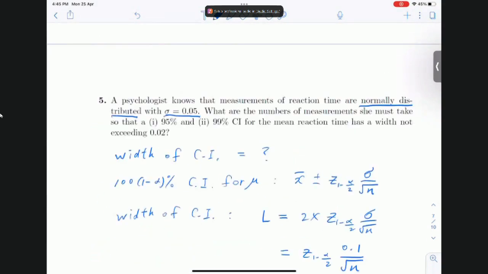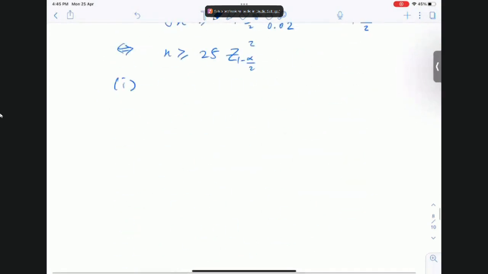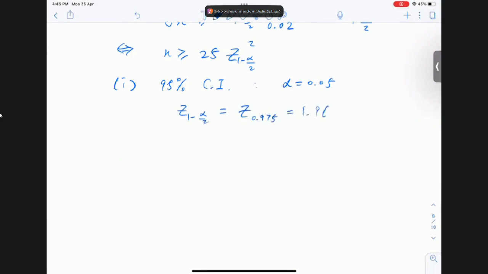For example, for a 95% coverage, alpha is equal to 0.05 and the quantile is z_0.975, and you will find that it is equal to 1.96 either from the standard normal distribution table or by using R.